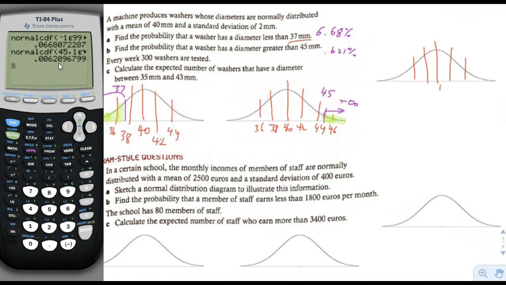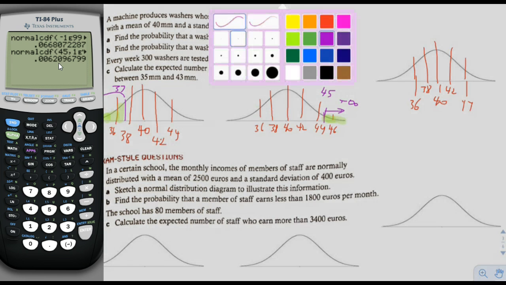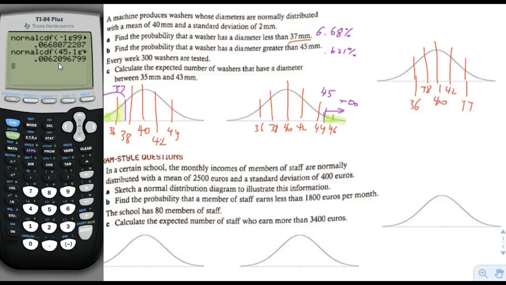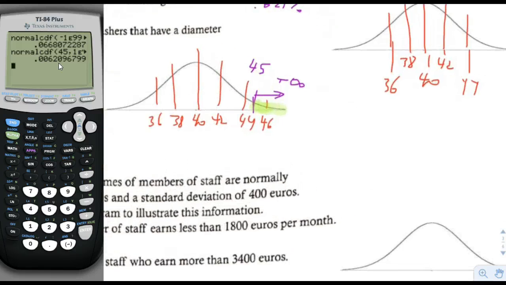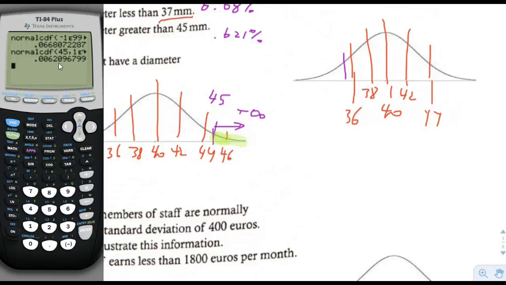So in the middle we have 40, then we have 42, and then we have 44, and here we have 38, and here we have 36. Okay. And so they say they want to know what's the probability to fall between 35 and 43. So 35 would be right here. 43 would be right here.